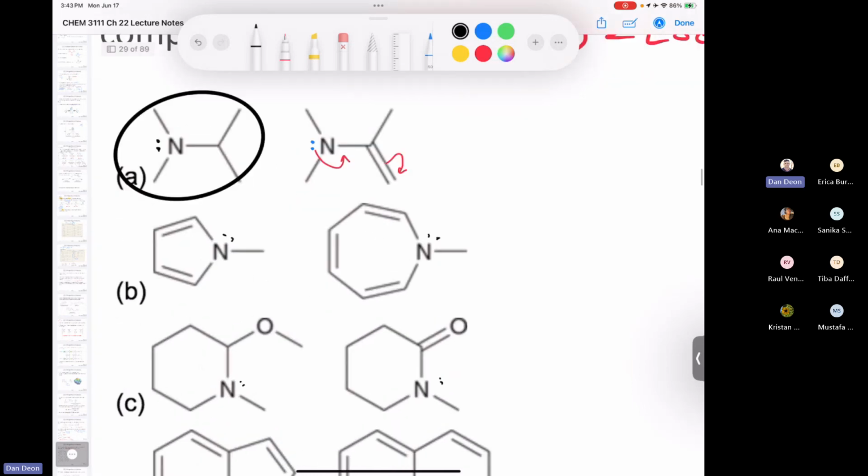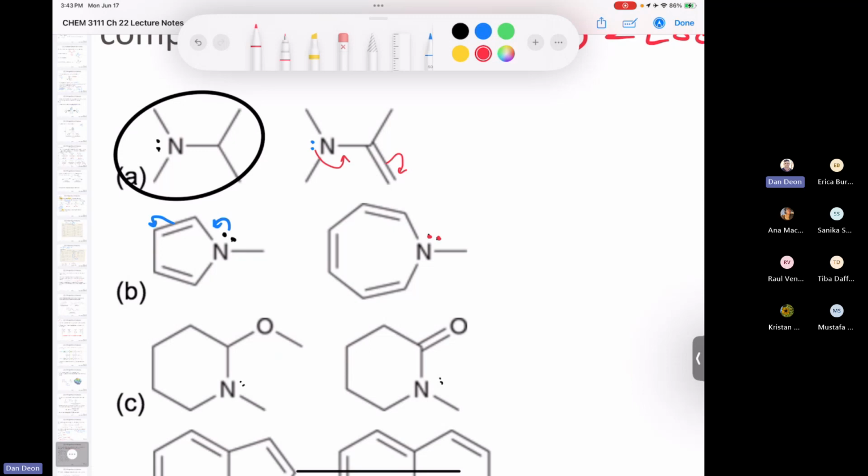Now, the next one is a little bit different. We know that the lone pair on pyrrole, if I highlight this lone pair in black, is required for aromaticity. So that lone pair is delocalized, like this, whereas this lone pair, I'll highlight it in red.